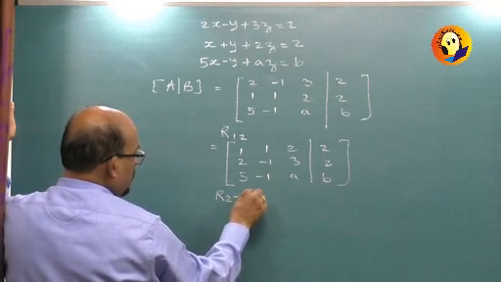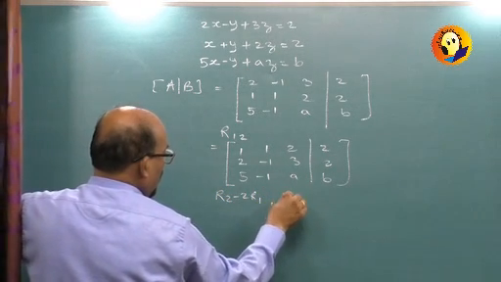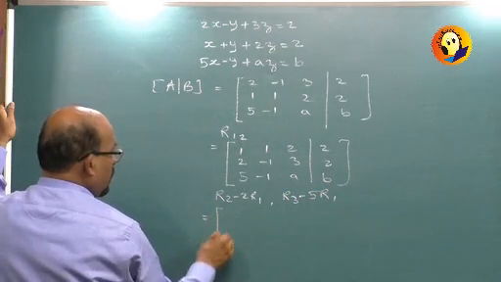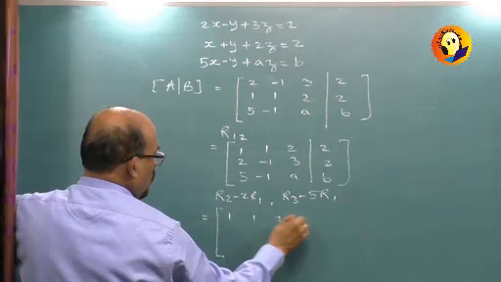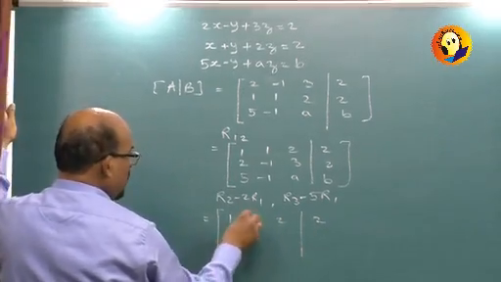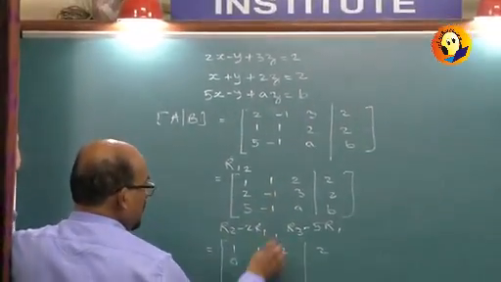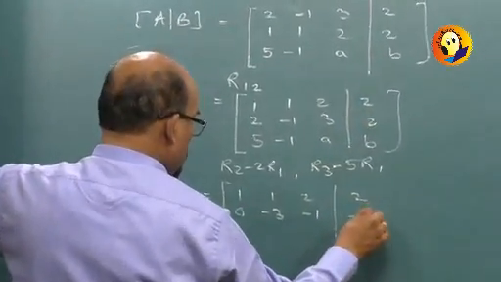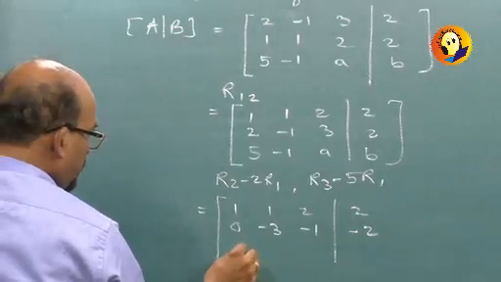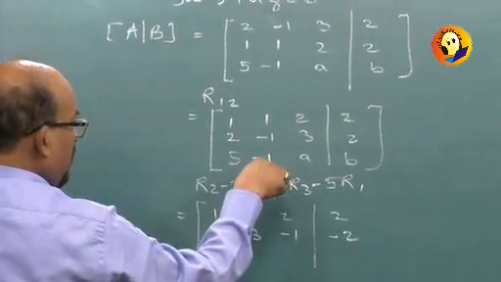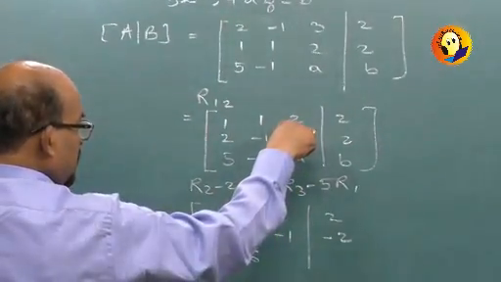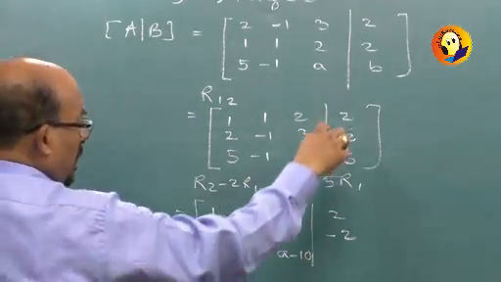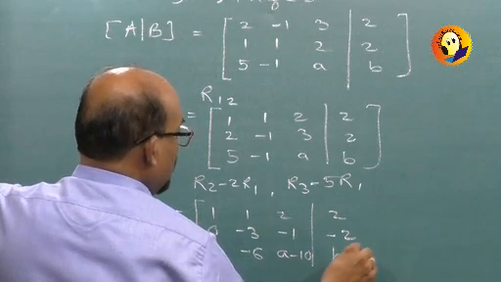It is R2 minus twice R1 and R3 minus 5 times R1. 1 1 2 2. This will be 0. When you subtract it twice, it is minus 3. Subtract it twice, it is minus 1. Twice minus 2. Subtract it 5 times, 0. Subtract it 5 times, it is minus 6. Subtract it 5 times, so it will be a minus 10 and b minus 10.